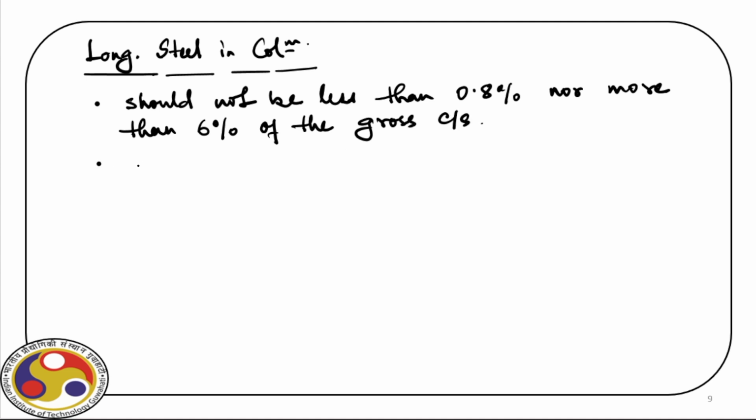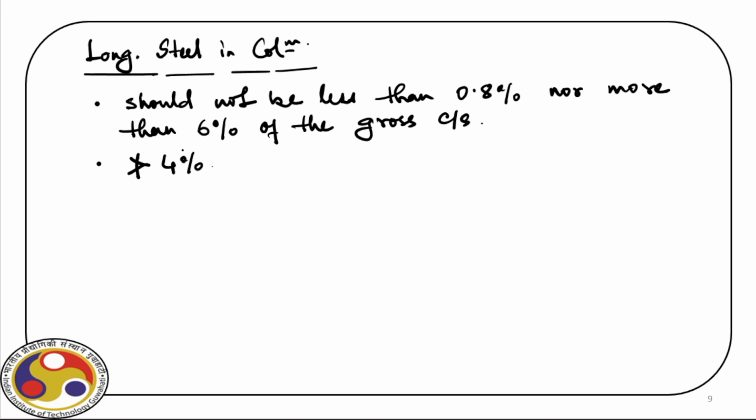Now for any column, normally we prefer to limit ourselves within 4%. We do not go beyond 4% because then within a section we will not have sufficient spacing between the two longitudinal rebars, and that causes trouble in compaction. Unless we have good compaction during construction, honeycomb is formed and that doesn't offer the strength.